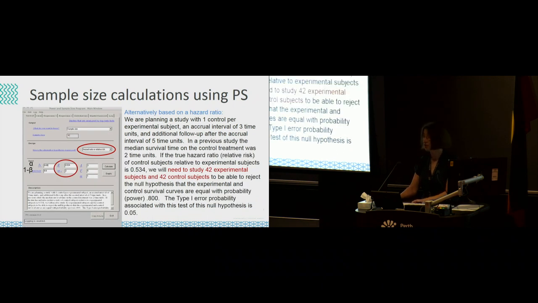Alternatively, you can put that whole power calculation again, but using a hazard ratio. So the same values as before, but rather than 2 median times down here, we've still got in the control group a 2-year median survival time, but this time we've put in a hazard risk ratio.